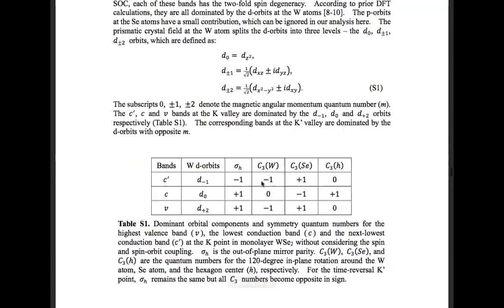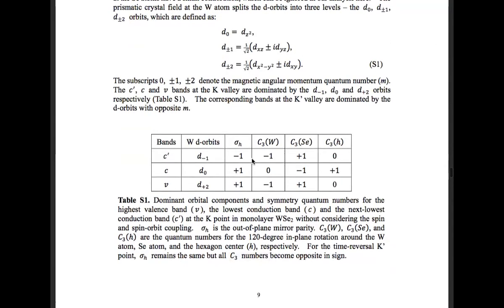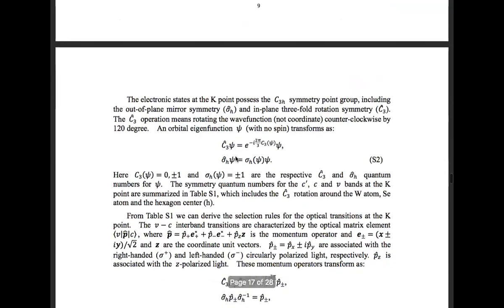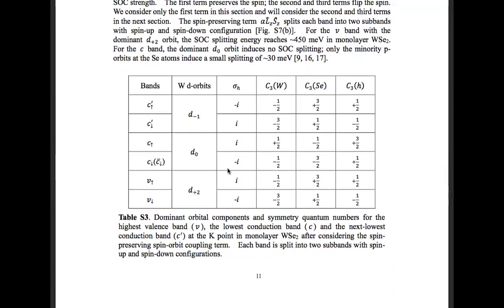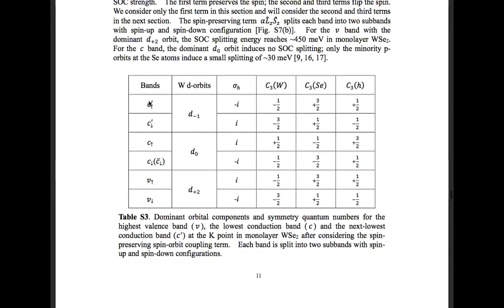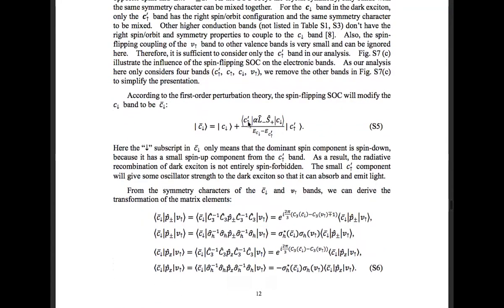So these are the orbits that we consider, and these are some character properties from the group theory. After we talk about group theory, I can go back and revisit this table. And these are the orbits. This C prime is this orbit. This C is this orbit. V is this orbit. These are the character properties related to symmetry. Okay, so what I show you is this part.